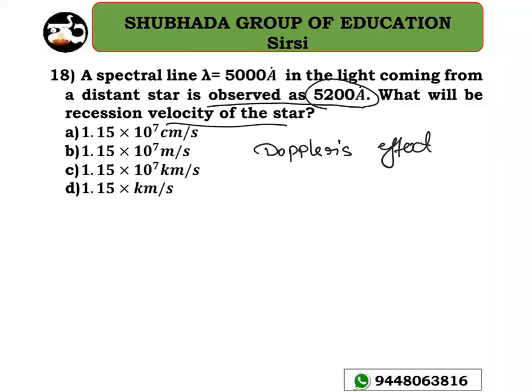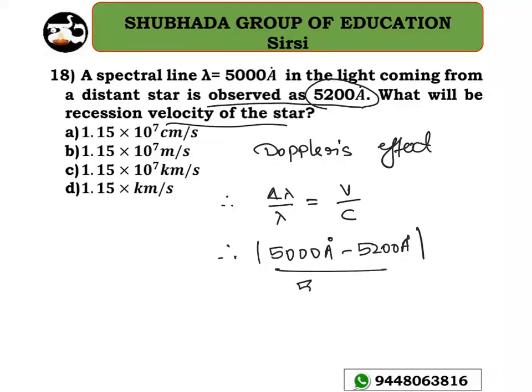According to Doppler's effect, the change in wavelength divided by actual wavelength is equal to velocity divided by speed of light. The change in wavelength is 5200 angstrom minus 5000 angstrom, divided by the actual wavelength 5000 angstrom, equal to V divided by C. C is 3 into 10 to the power of 8.